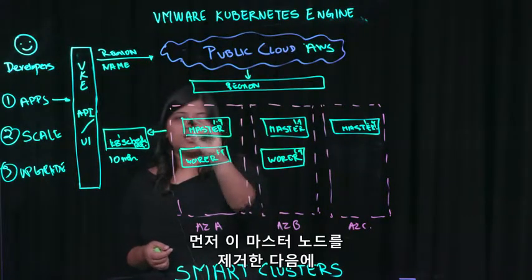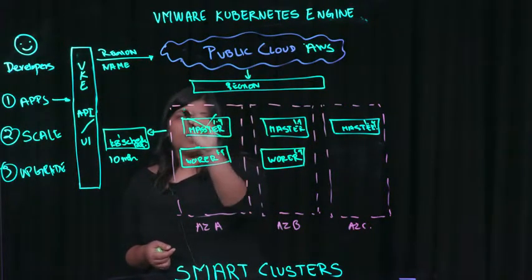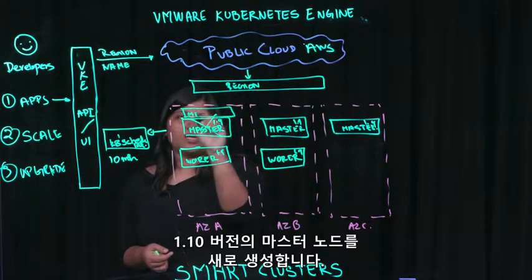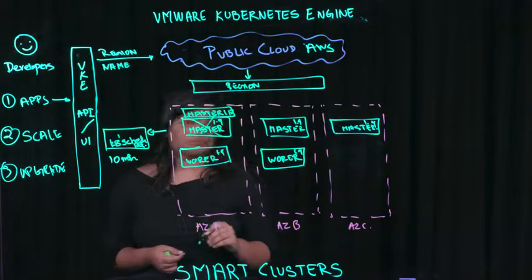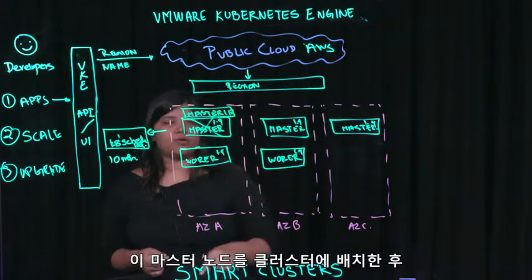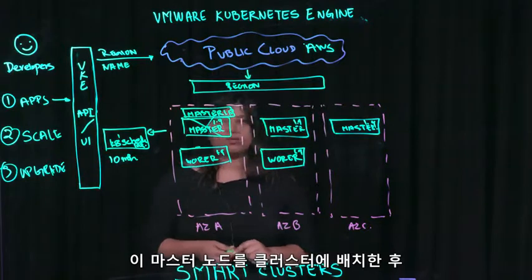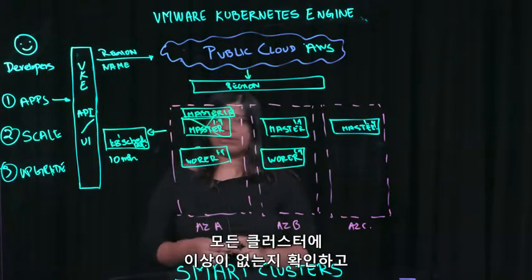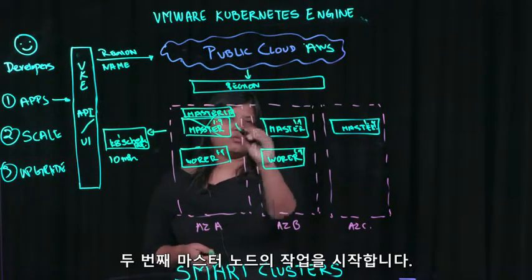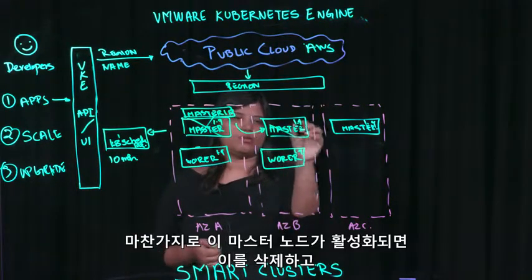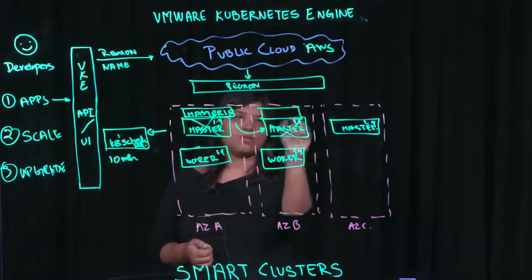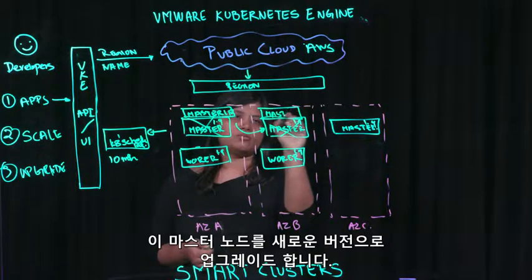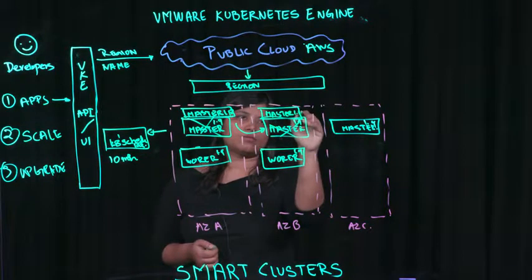It will first take out this master node and create a new one with version 1.10, join it to the cluster, make sure that all the clusters are in a good state, and then move on to the second master. Similarly, once this master is active, it will delete this one and upgrade it to the newer version.